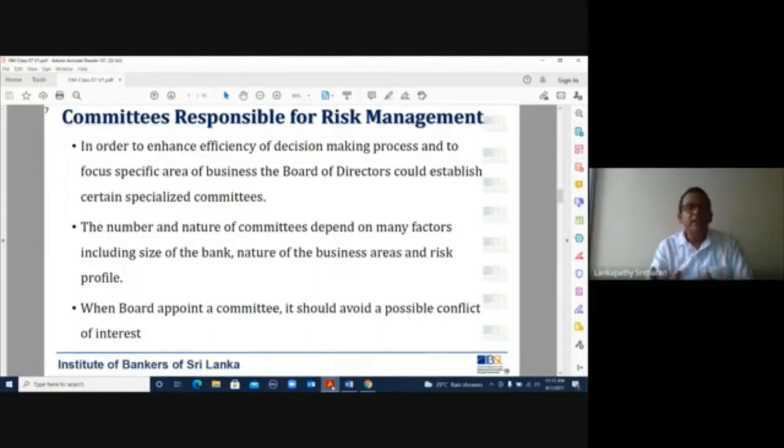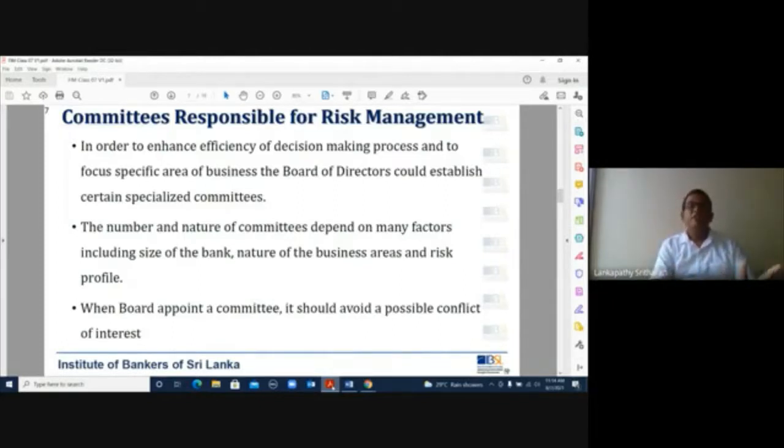So if there is any committee appointed in a bank, the key committees are appointed by the board of directors. They are the people who establish the specialized committees, and they share power with that committee. Because in each and every function, the board of directors has the ultimate authority and responsibility, they can pass their duties and powers to some committees, and through those committees they can implement those particular functions.